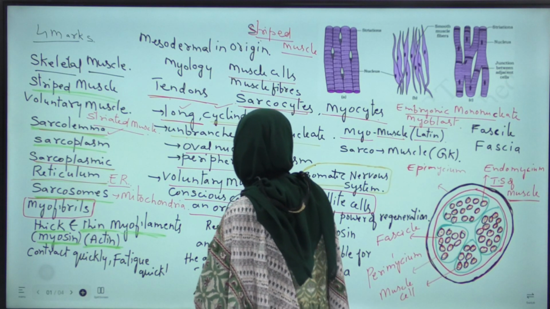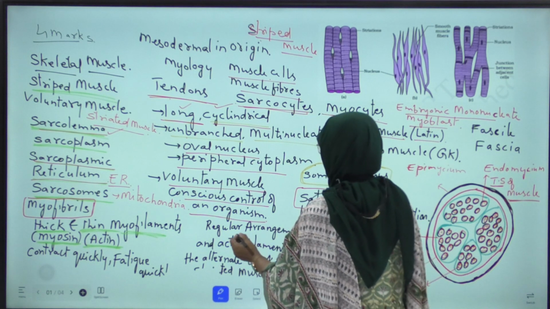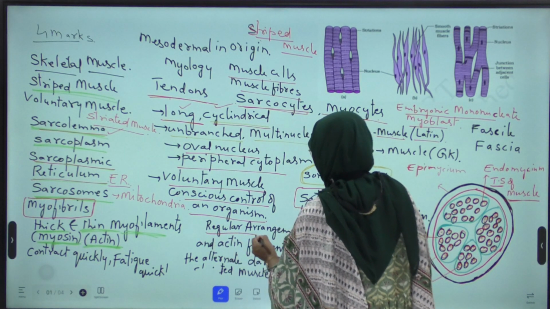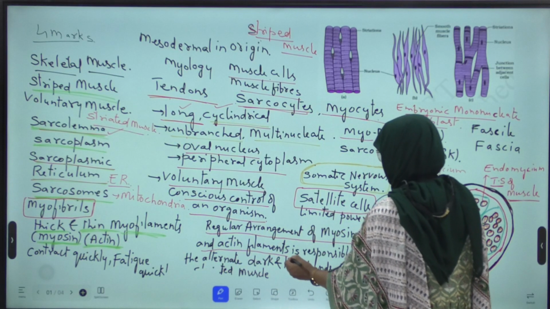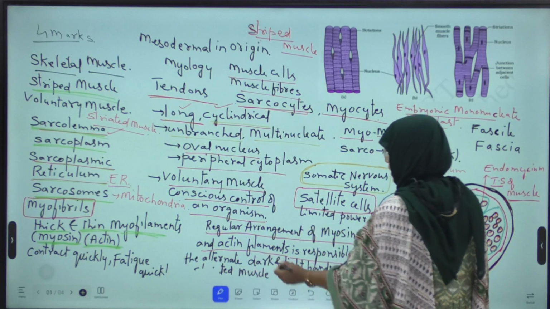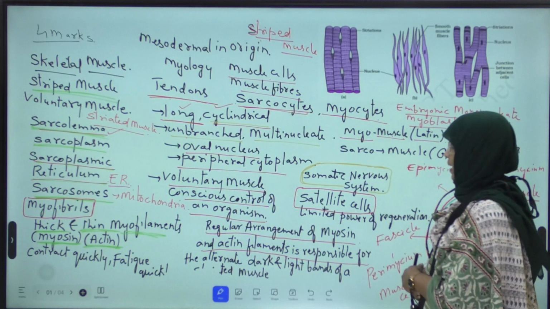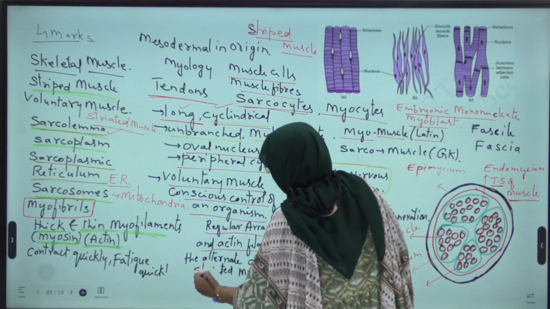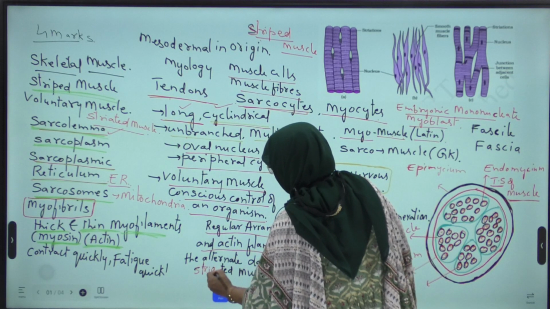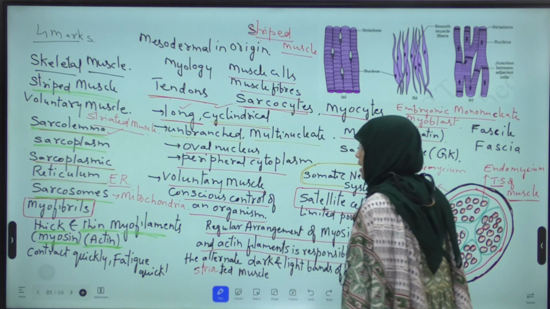Next, this regular arrangement of myosin and actin filaments is responsible for alternate dark and light bands of the striated muscles. In striated muscles, alternately arranged dark bands and light bands are present.